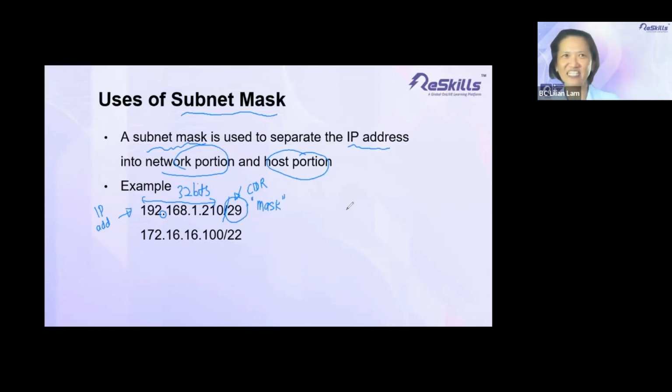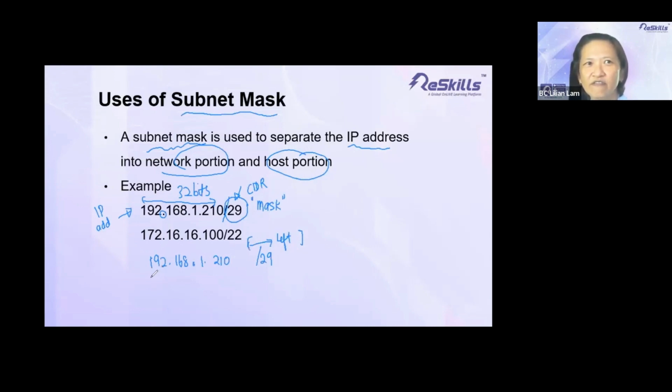What it means is, out of this 192.168.1.210, we are going to take 29 bits from the left of the binary representation of this IP, and we call it the network portion.